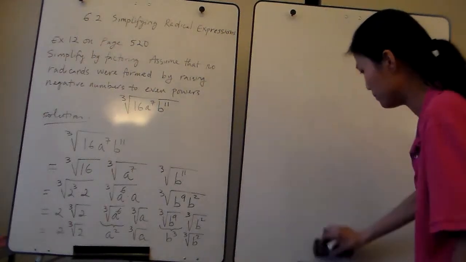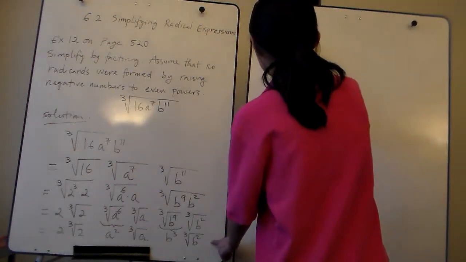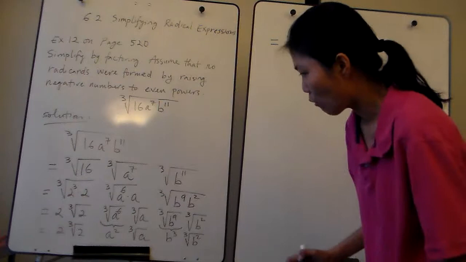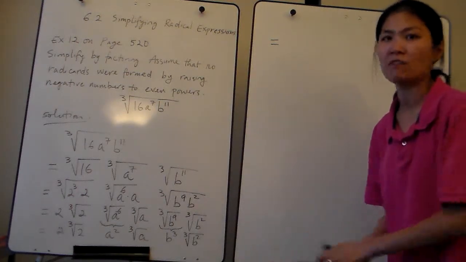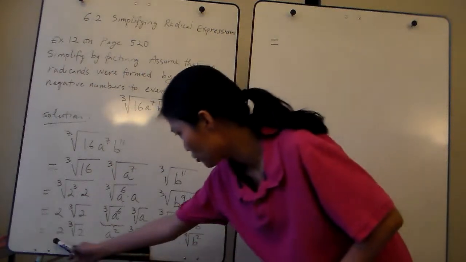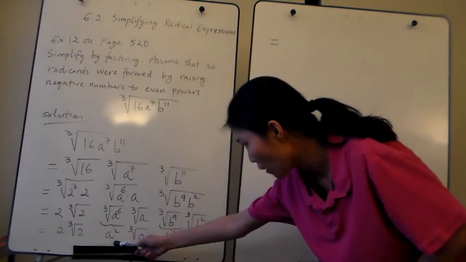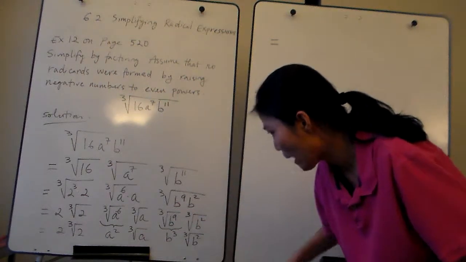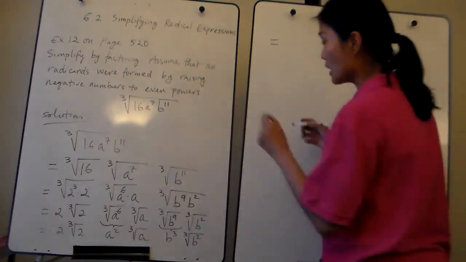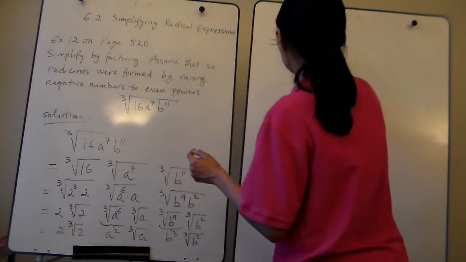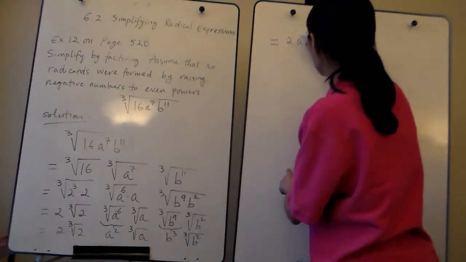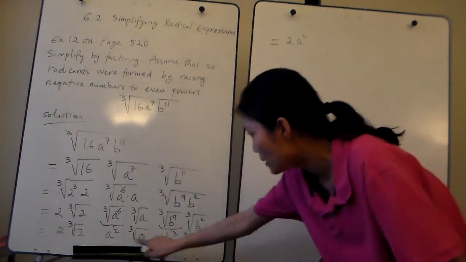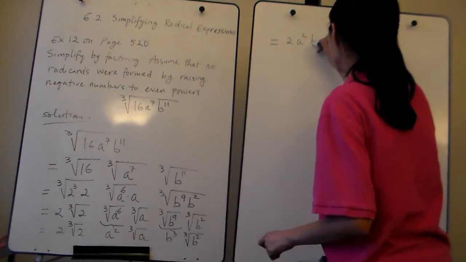Now we're not done yet. From here, I will group everything that is in front of the radical. So this 2, a squared, and b to the third power. I'm grouping everything that's not inside the radicals: 2, a squared, and b to the third power.